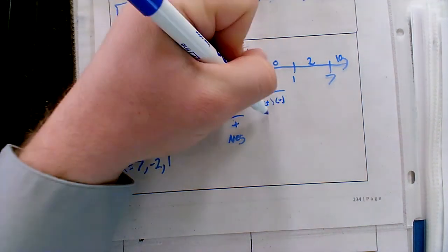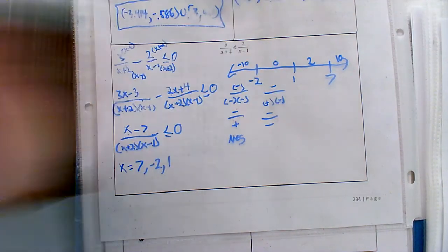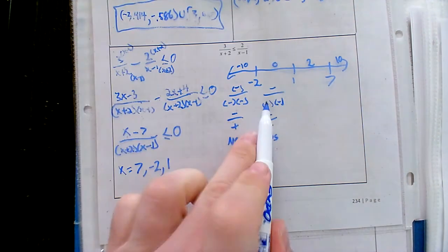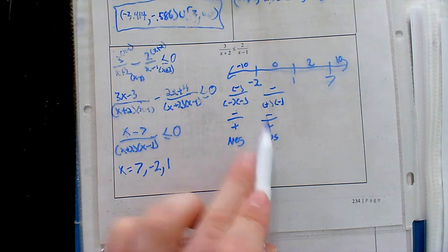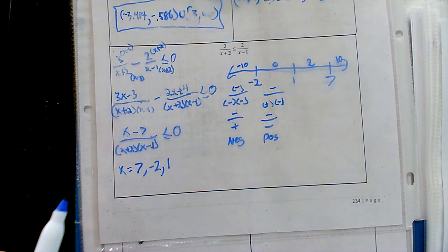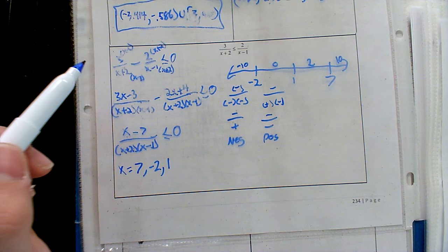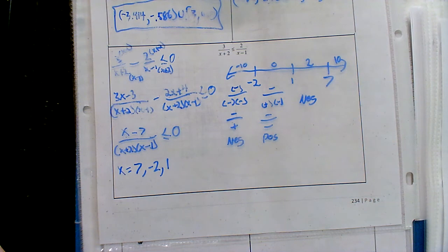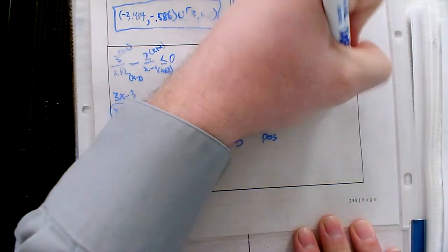So I get negative over negative, which is what? Positive, yeah. Be careful, a positive times a negative makes the bottom a negative, so a negative over a negative is a positive. Third interval. What did we get for the third interval? Negative. And last but not least, positive, yes.